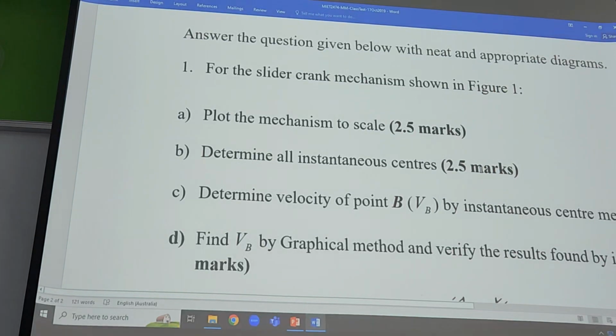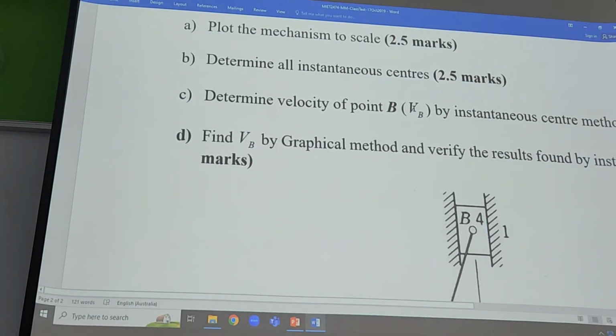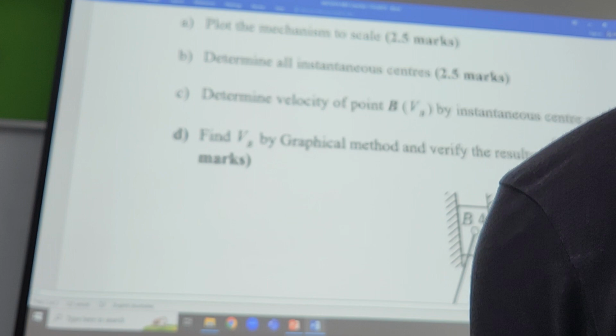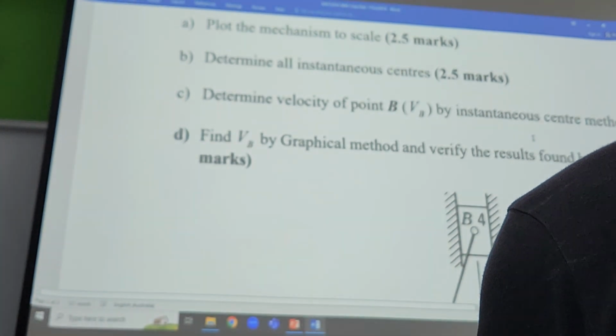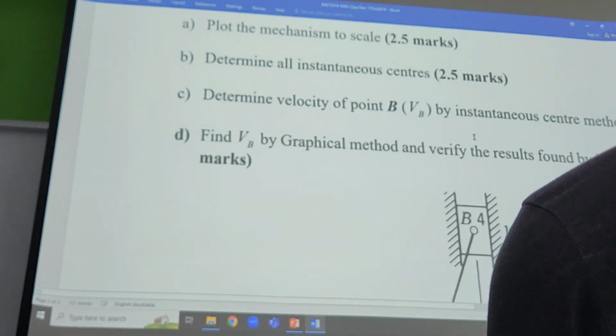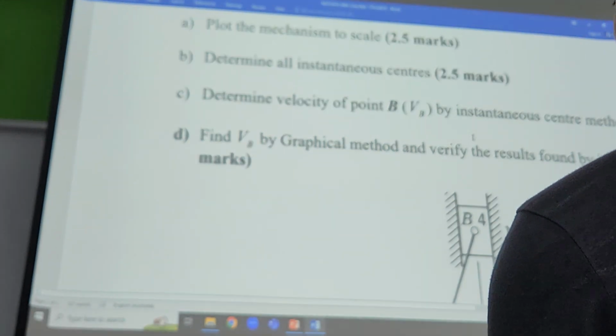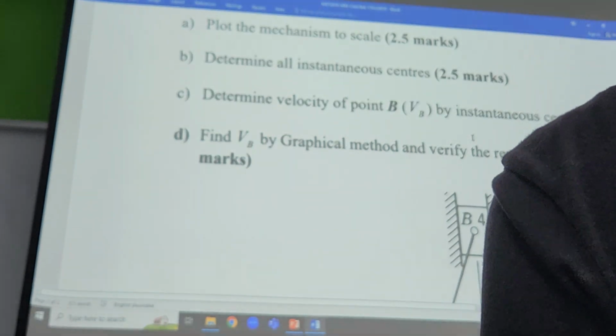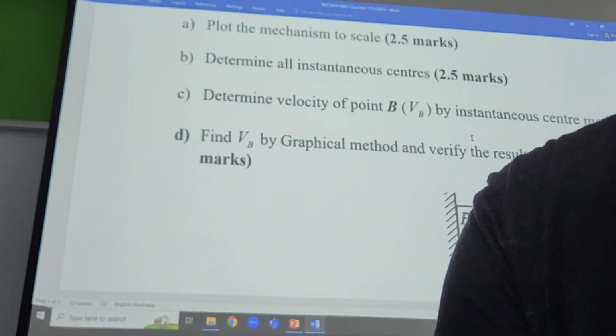Then determine all ICs, 2.5 marks. Determine velocity of point B by ICs method, 2.5 marks. Then find velocity B by graphical method. So total 10% weightage. Alright, so guys, you can go for a break now, 8:55. So come back by 9:00.